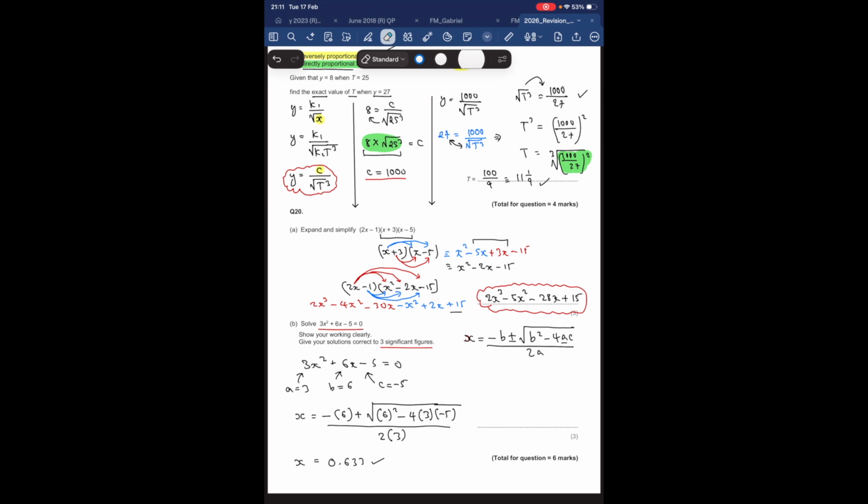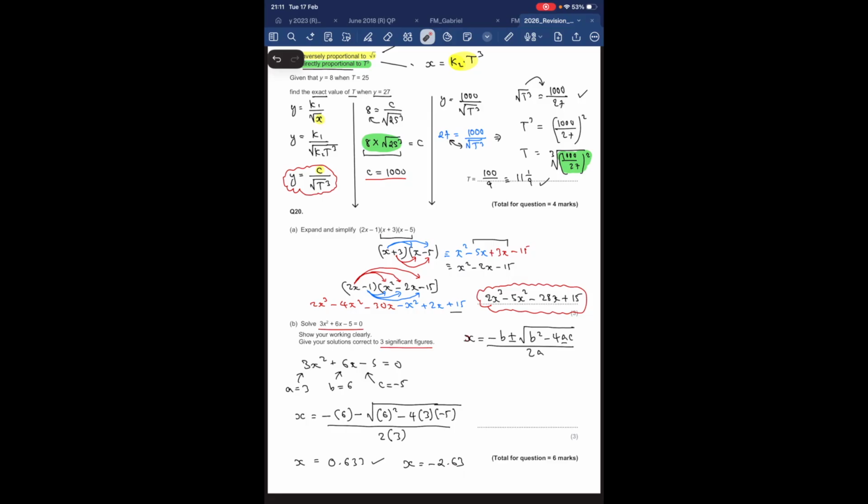So if I go back and change this plus sign to a minus and press the equals button, we are going to get the second value for x, which is going to give us minus 2.63. So once you type it in once, all you basically need to do is keep everything the same, but change the plus, which was originally here, to a minus to get the second solution.